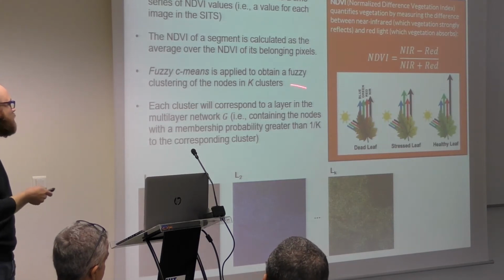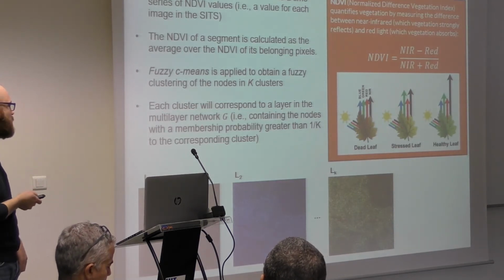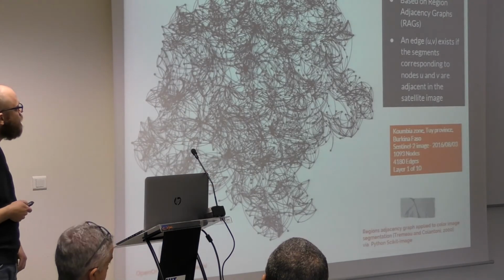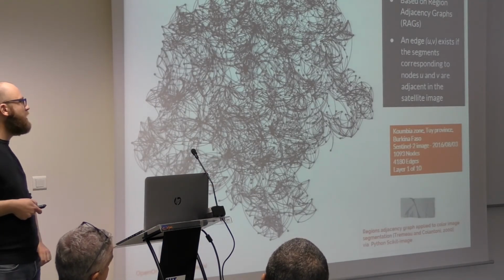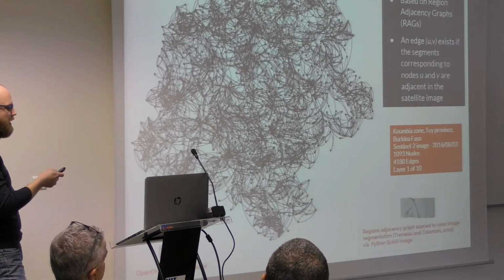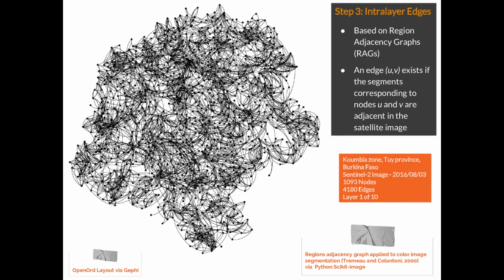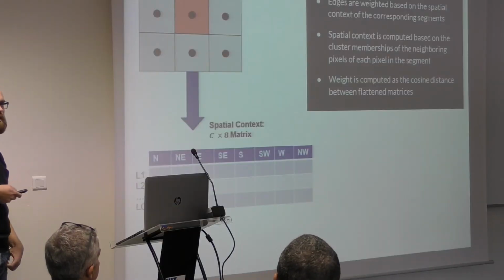So then we have the layers based on the membership probabilities. The intra-layer edges, so the edges between the nodes in each layer, will be based on the RAG, which is the regional adjacency graph. So based on the adjacencies between segments. And how are these edges weighted? They are weighted based on the context of each segment. What is the context?